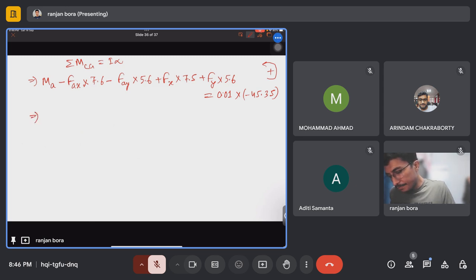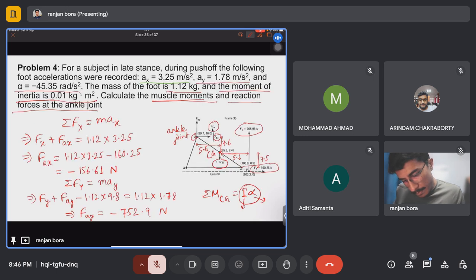and minus Fx value, we have calculated Fx is minus 156.61.